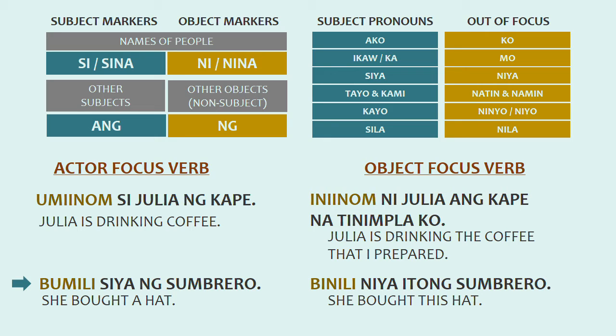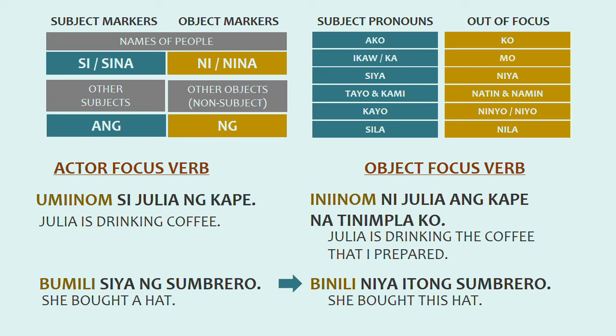So for this one, for bumili, an actor-focused verb, we used siya, a subject pronoun, for she, because the doer of the action should be the subject. And then we use nang for sombrero, because it's not the subject in this sentence.